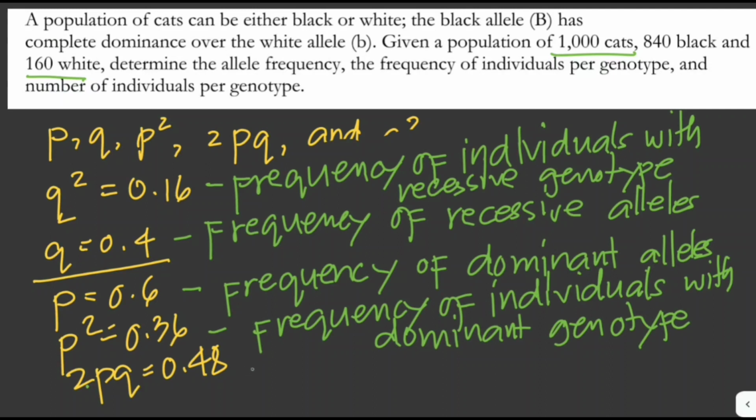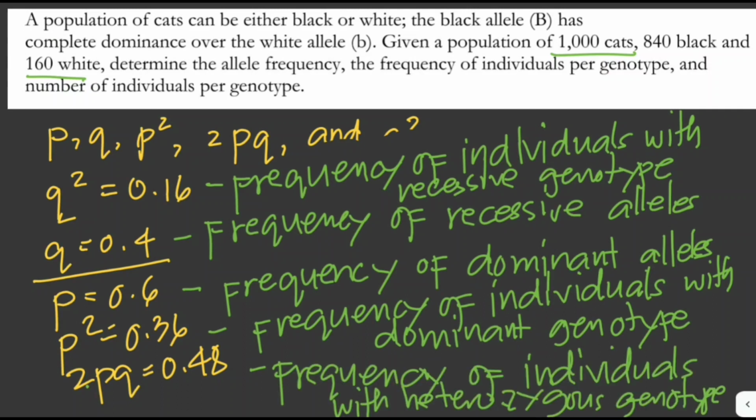And then 2pq is the frequency of individuals with heterozygous genotype. Right, now we all have the frequencies of all individuals, or the allele frequencies of the population.